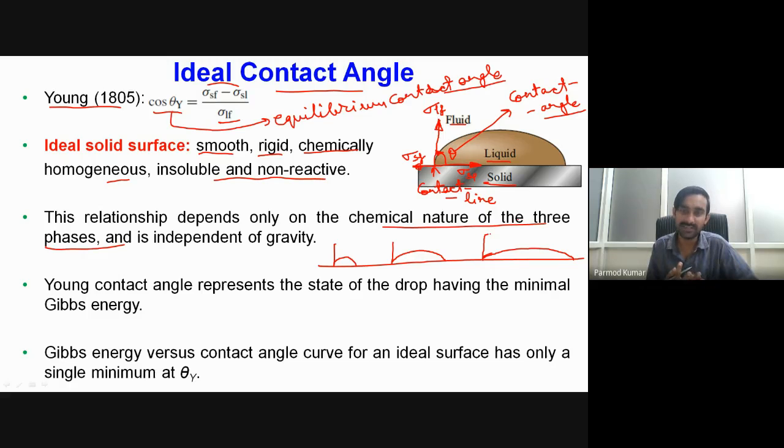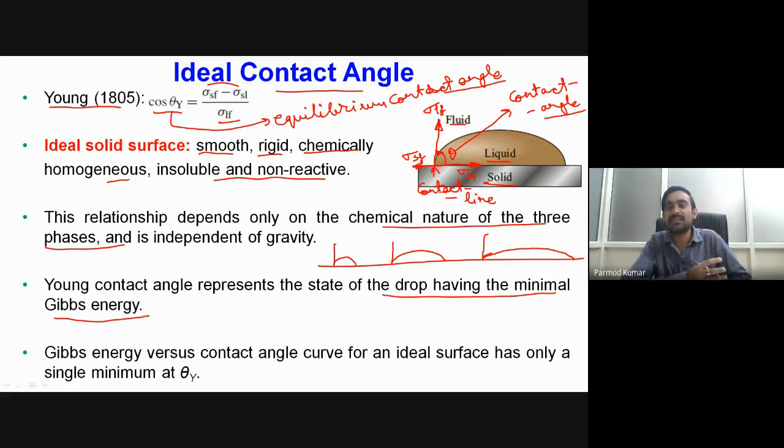So because of that, the value of the contact angle will be independent of gravity. Okay. Then whatever Young contact angle we have, it represents the state of the drop having minimal Gibbs energy.